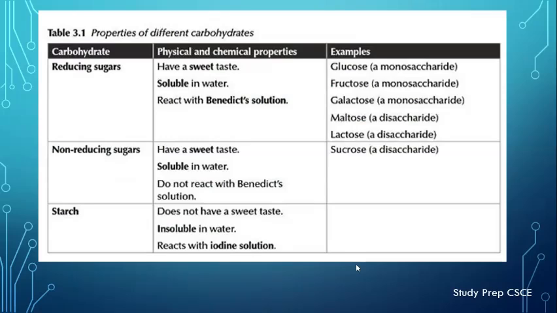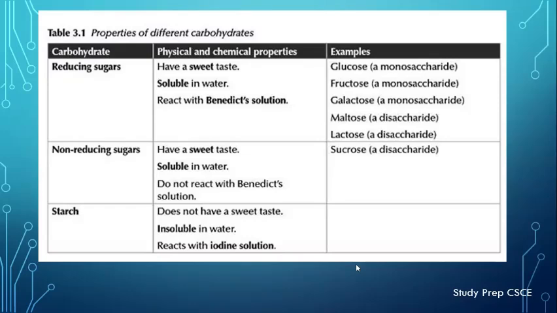If we look at the properties of these carbohydrates, all reducing sugars have a sweet taste, are soluble in water, and react with Benedict's solution. These include glucose, fructose, galactose, maltose, and lactose. Then we have the non-reducing sugars. They have a sweet taste and are soluble in water.